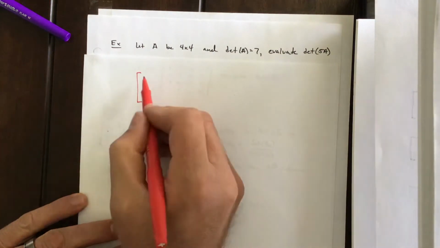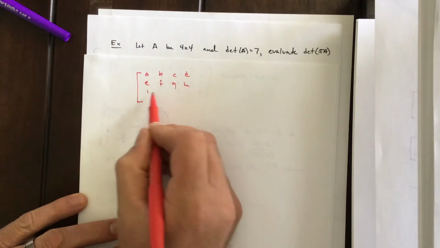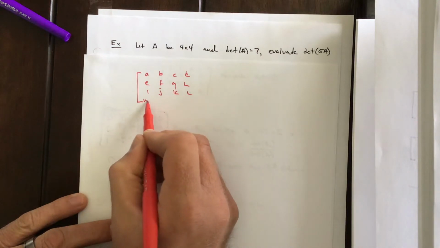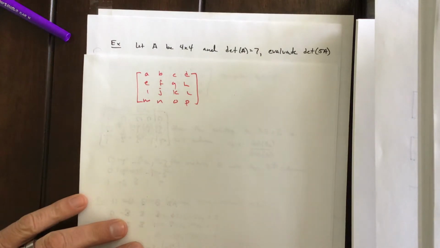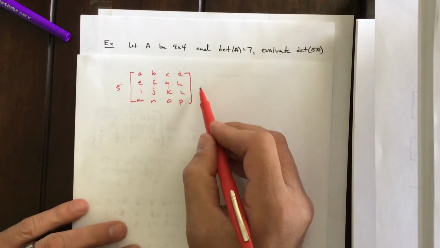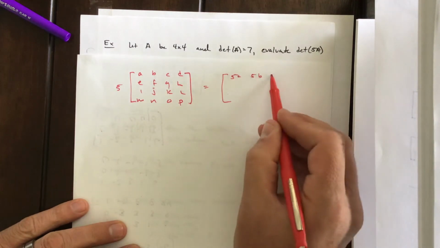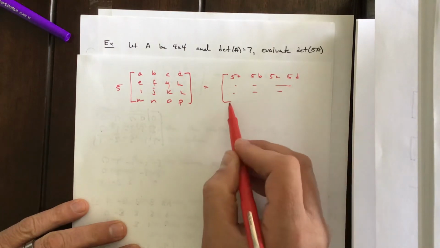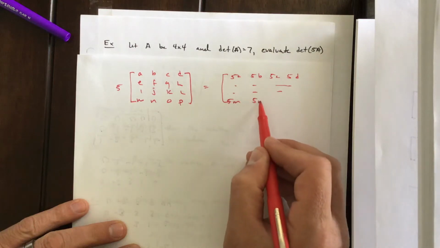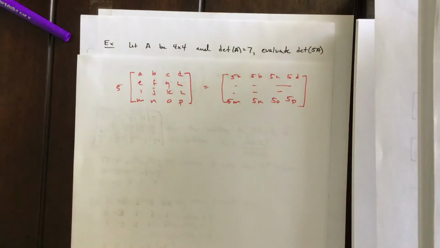So A, B, C, D, E, F, G, H, I, J, K, L, M, N, O, P. And by scaling it by a factor of 5, this new matrix is going to be 5A, 5B, 5C, 5D, all the way up to 5M, 5N, 5O, and 5P. So every element in every row is going to be multiplied by 5.